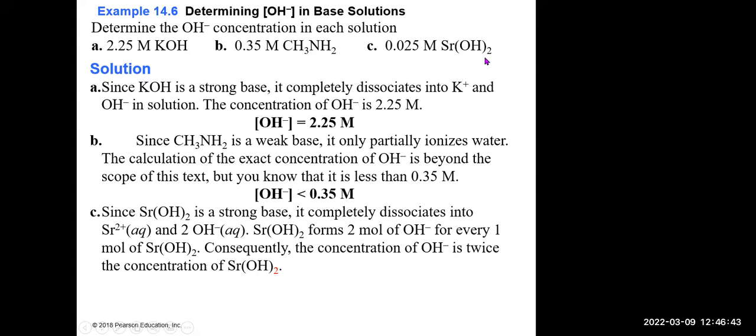Therefore, for the concentration of hydroxide you multiply the concentration of the base by 2. Okay? So you get 0.050, even though the concentration of the base formula is 0.025. From each formula you get 2 hydroxide, so you multiply the concentration of the base formula by 2 to get the concentration of hydroxide.